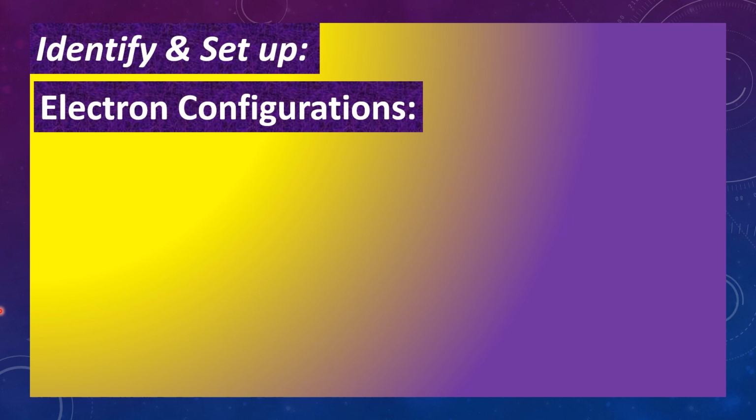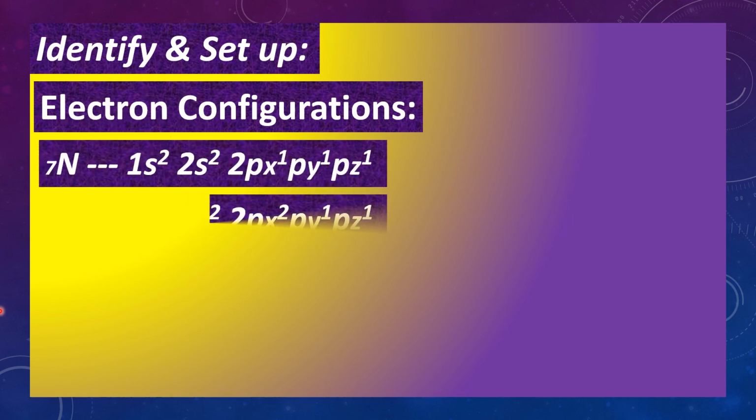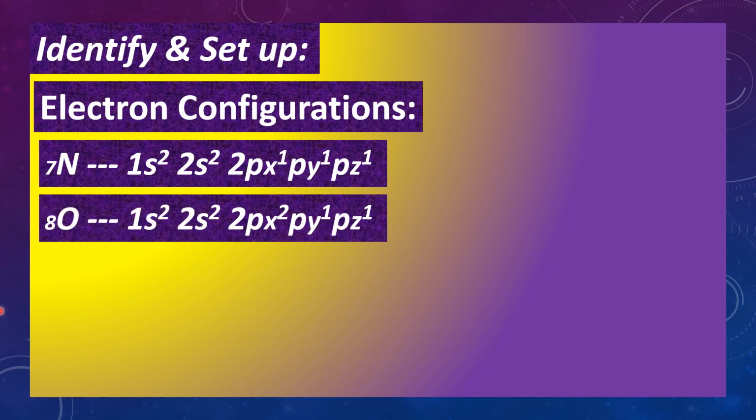Checking the electron configurations for the element nitrogen, which is 1s2, 2s2, 2px1, 2py1, and 2pz1.